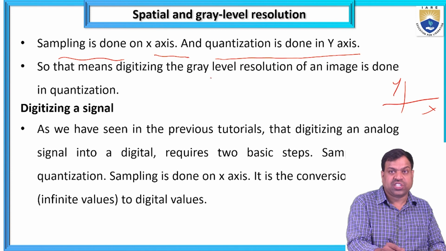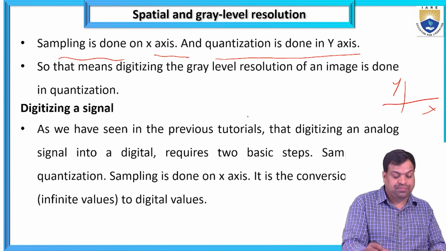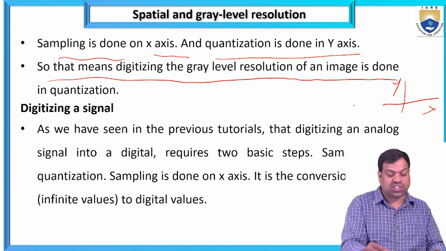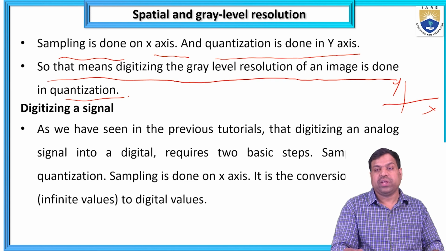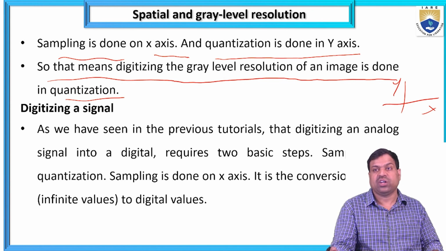That means in digitization, the gray level resolution of an image is handled in quantization. Sampling is simply converting to a number of samples, but quantization is applied for the digitization of the gray levels. Digitization means we are converting to binary values.